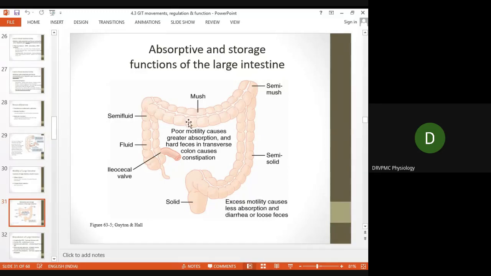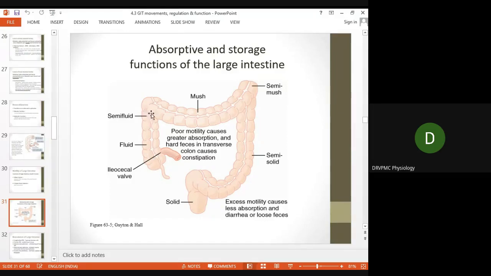The contents here become mushy. Then this is the splenic flexure of the colon, another bend. Then the descending colon, the sigmoid colon, and the rectum. So you can see the contents when they come into the cecum and ascending colon are fluid.